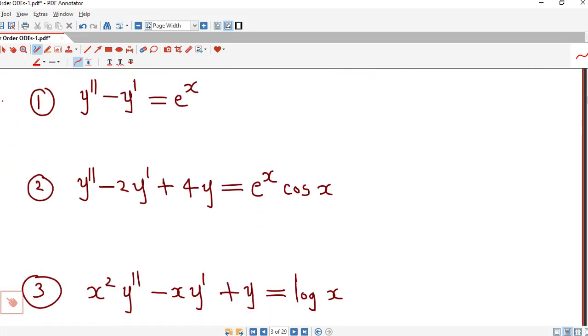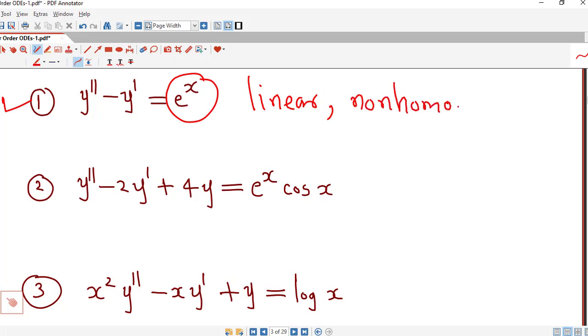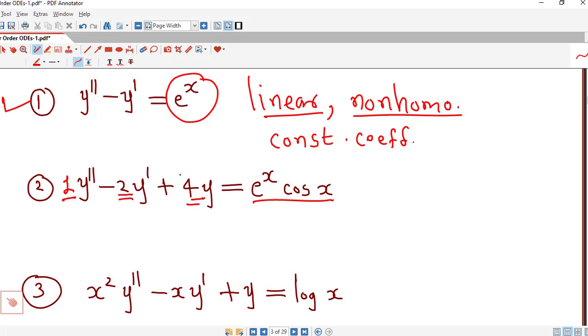Suppose we consider these equations. Here we can see it is linear and the right hand side is non-zero, so it is a non-homogeneous linear differential equation with constant coefficients. Same thing here, the right hand side is non-zero, so it is non-homogeneous, it is linear, and here the coefficients are 1, minus 2, 4, all constant.